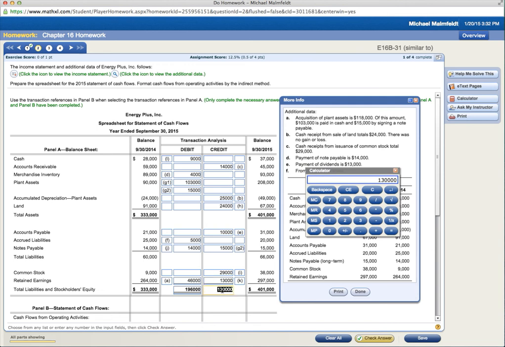Okay, so I want to check the difference between these two. So I have 196,000 minus 130,000 equals 66,000. Okay. If I take a look at this one, I've got 333 plus 66.